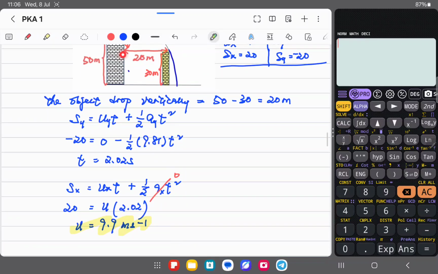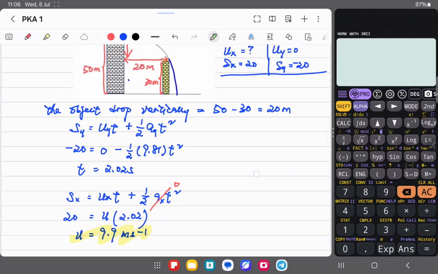The horizontal distance traveled is 20 meters, the horizontal initial velocity is the u that we want to determine, and the time as it passes over the vertical wall is 2.02. So I get the initial horizontal velocity of the object is 9.9 meters per second.